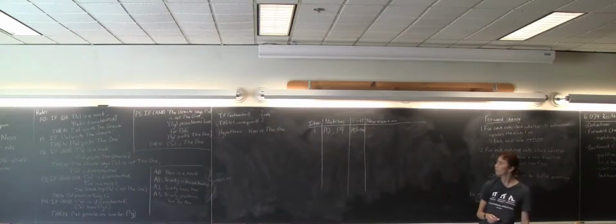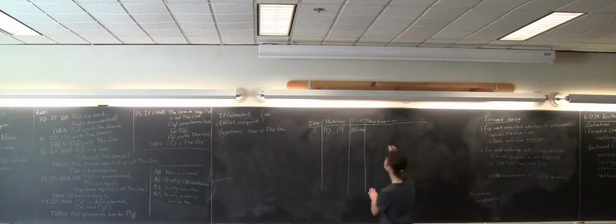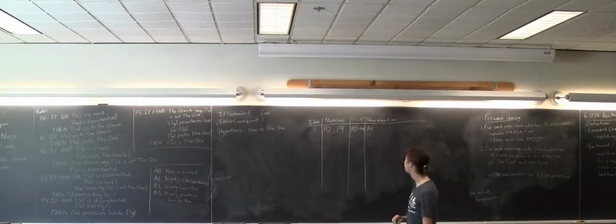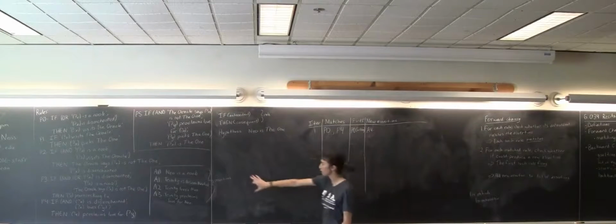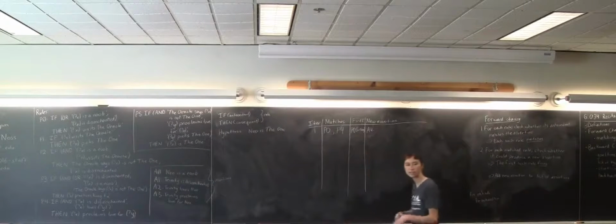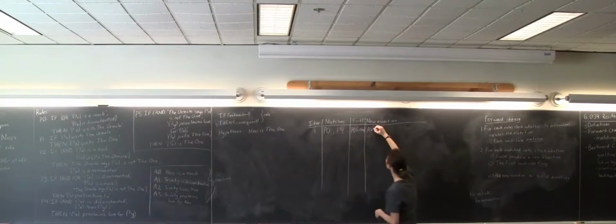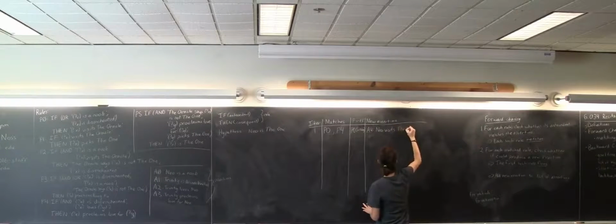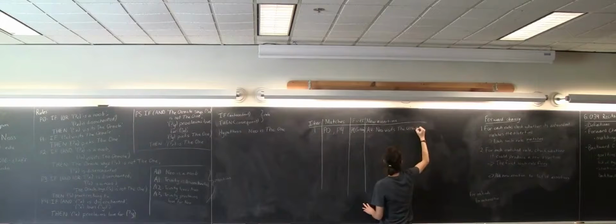You get that Neo visits the oracle. We're going to call that assertion A4. We could just add it to this list, but in this case I'll write it in the table. This is a new assertion that we're adding to our set: Neo visits the oracle.